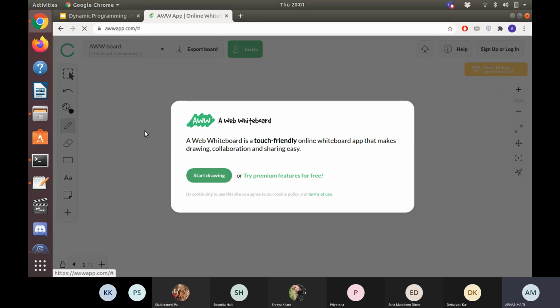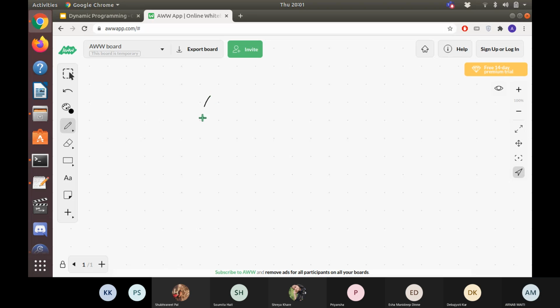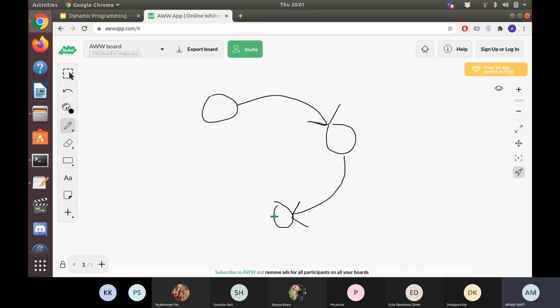So how many of you have a fair idea of what directed graphs are? I hope you know what directed graphs are. Till now, we were dealing with undirected graphs, meaning the edges don't have any direction. So now our edges have a direction. And our graph is said to be cyclic if we have a directed cycle, of this type.